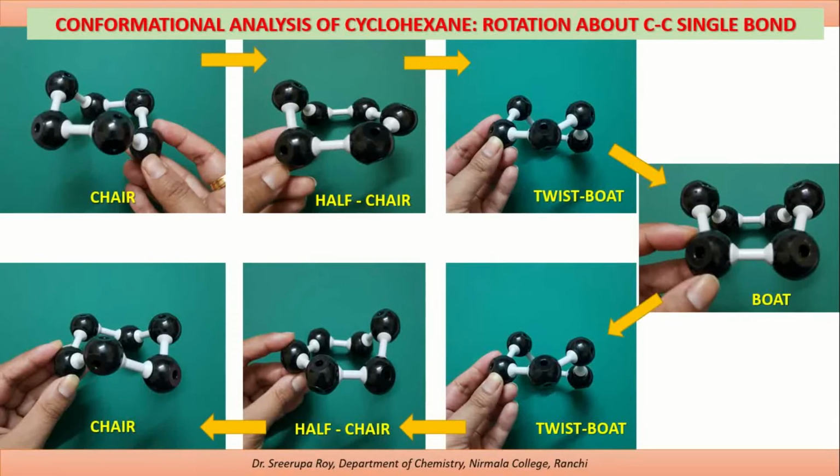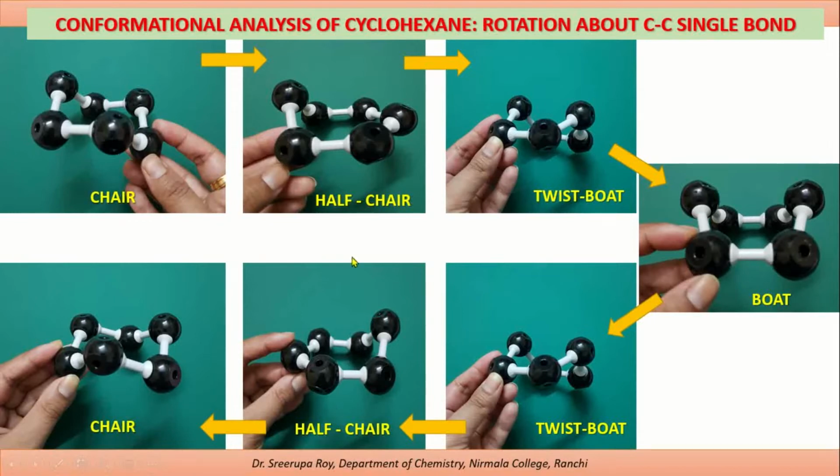This is followed up by the half chair form, and lastly by the chair form. As you can see, we start from the chair form and we end up in the chair form. These two chair forms are the mirror images of each other, but there is no difference in their energy level.